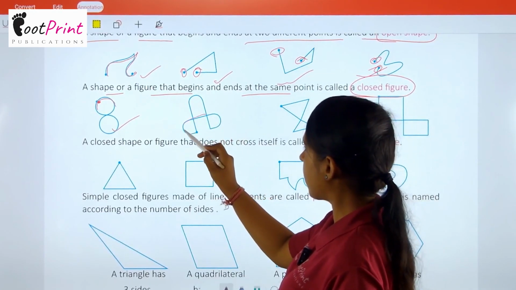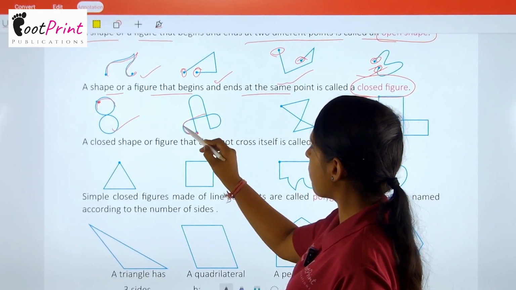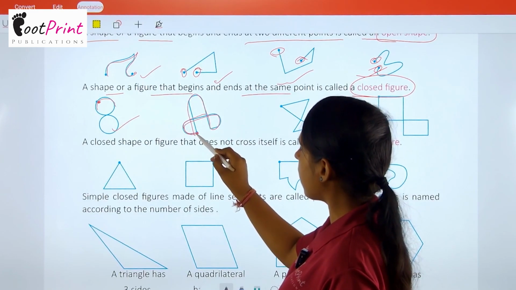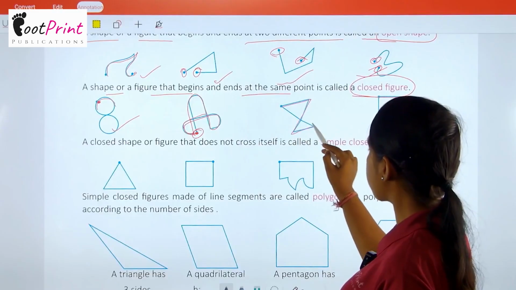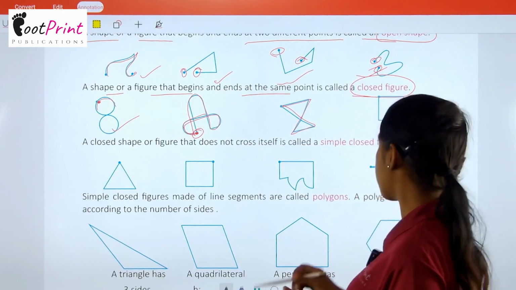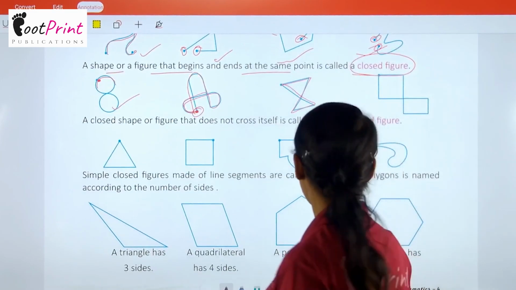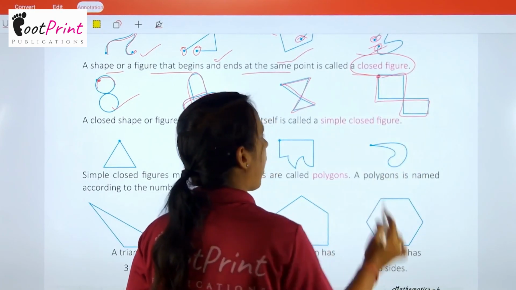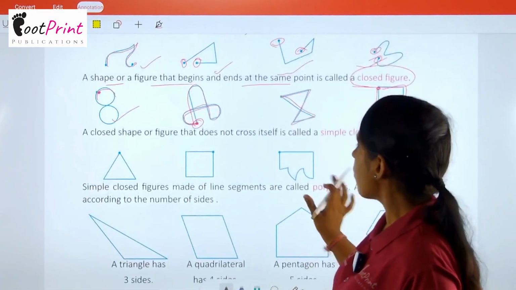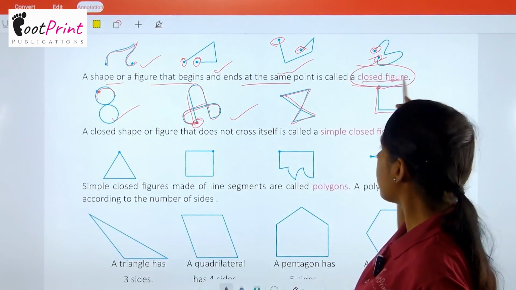Just like that, here is a begin point and we draw it like that. So the ending point is also here. In this also we have the starting point and ending point the same, or we can say common. In this also we have a common begin point and ending point. Okay, so this type of shape is called a closed figure.